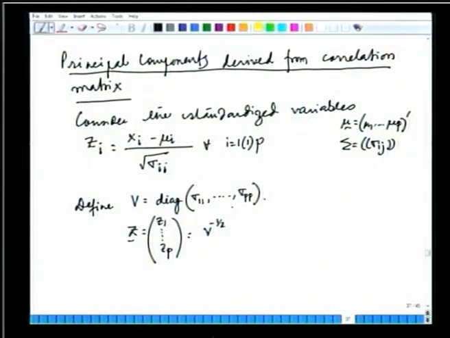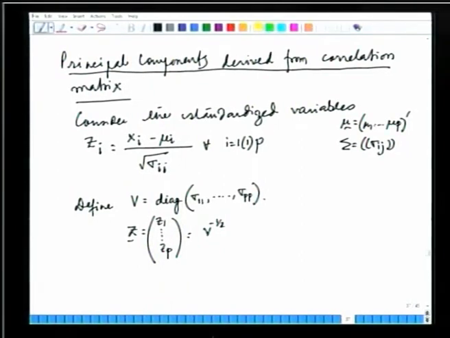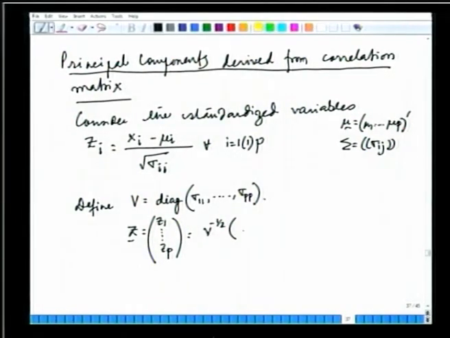This is good enough to give me the inverse square root of V, and then the rest of it is nothing but x minus mu. So I combine all these standardized variables in this Z vector using x's, mu's and these root sigma ii elements coming into the picture in this way.